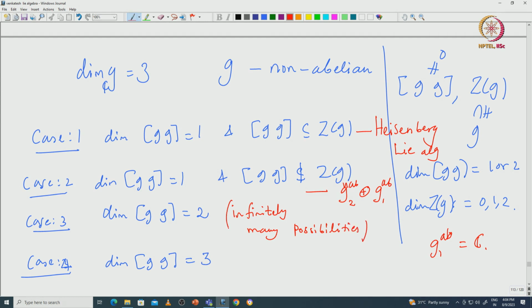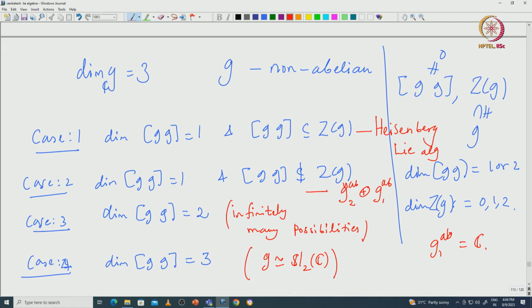Later we will see what type of Lie algebras they are, but even in this special case where the dimension of the Lie algebra is very small, we are getting lots of possibilities. In case 4, what we get is actually isomorphic to SL2C. Okay.